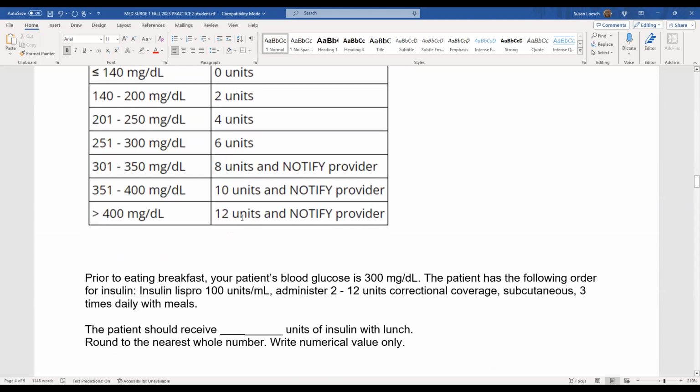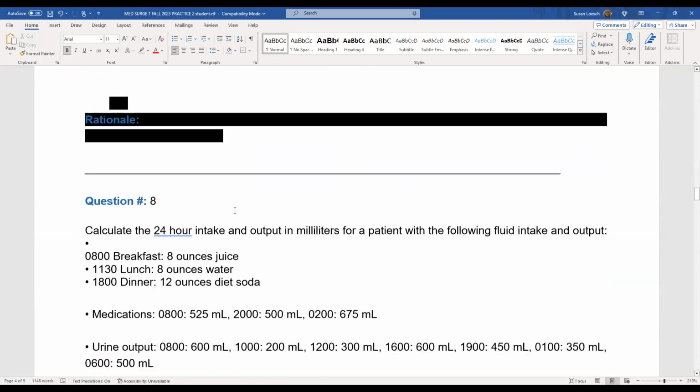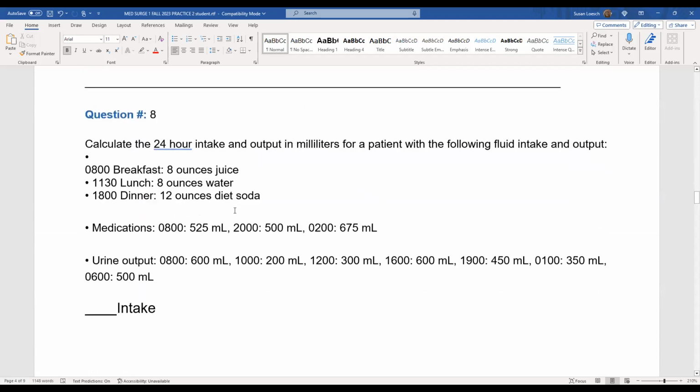Same thing here. 6 units. The main thing we went over is the ice, because that's usually the one that people mess up on. And you also have to look for anything that says continuous.